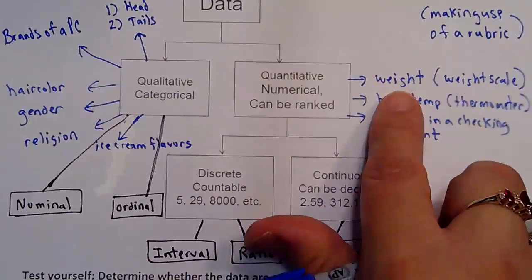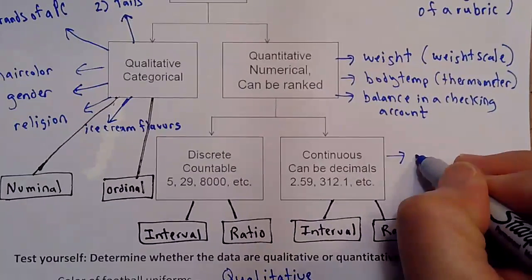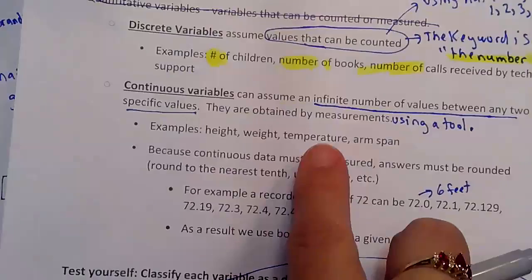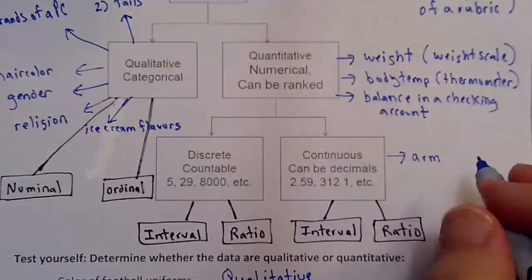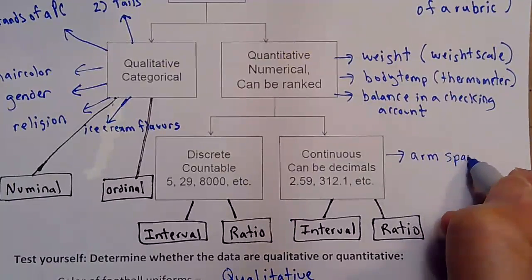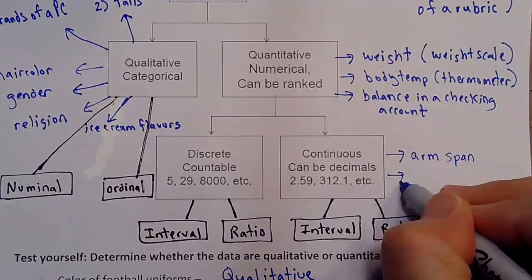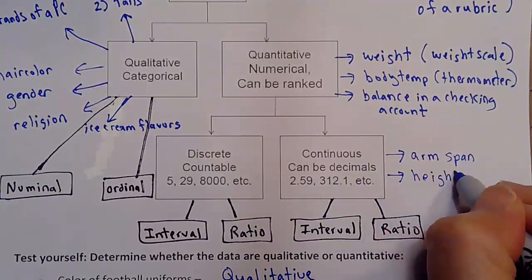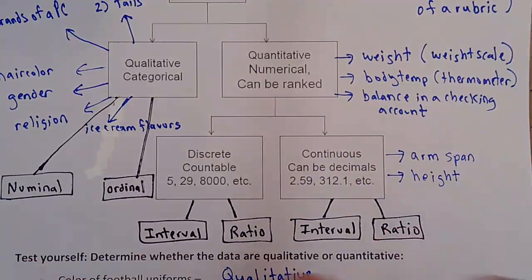That's true, that will happen. But I'll just put the ones that I don't already have. I do have temperature up here, and that's okay. I'll just put arm span and height. Okay, so I have at least some examples.